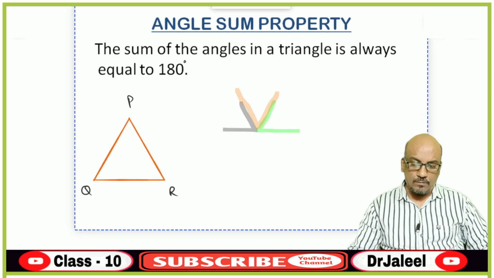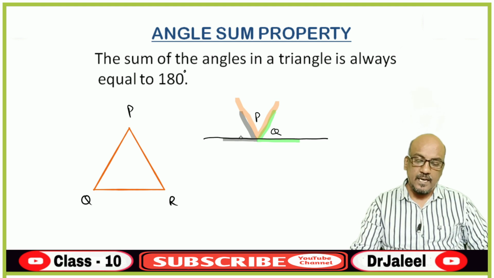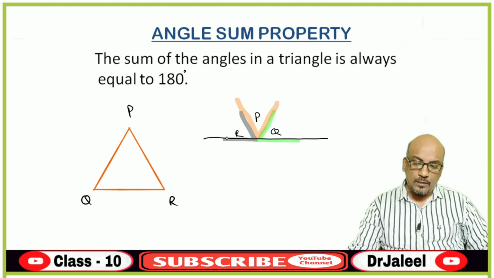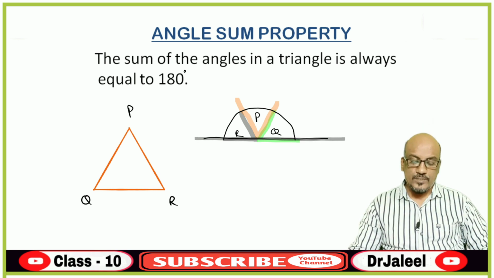So children, now when we observe that all the angles are brought together, this is Q, this is P, and this is R, all together the angles made a straight line. A straight line has 180 degrees.